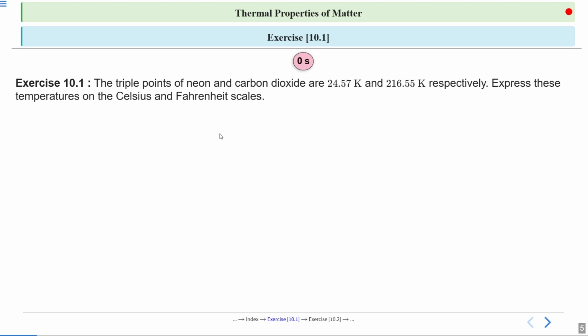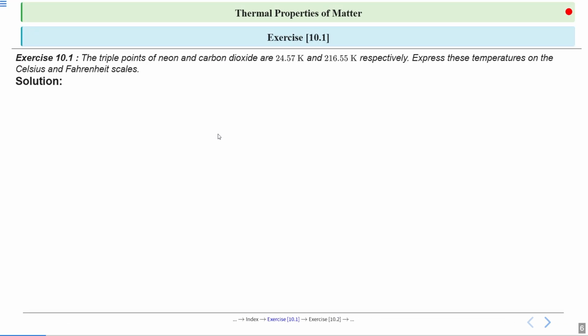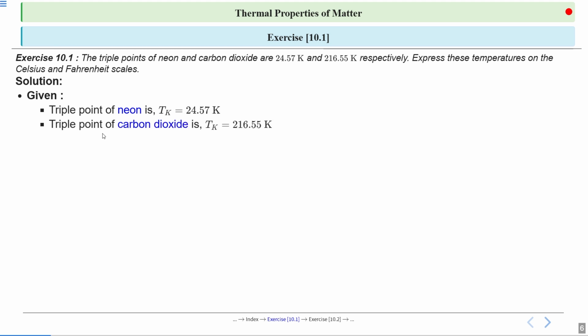Let's see the solution of this question. So, given: first, the triple point of neon is Tk equal to 24.57 Kelvin. Triple point of carbon dioxide is Tk equal to 216.55 Kelvin.